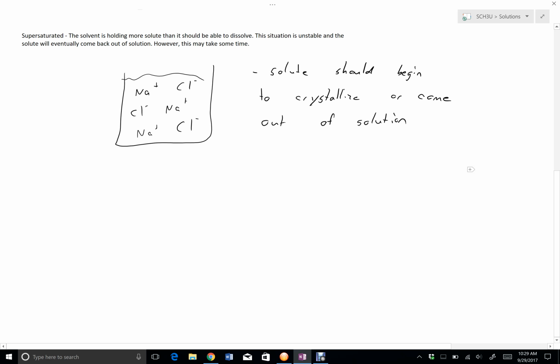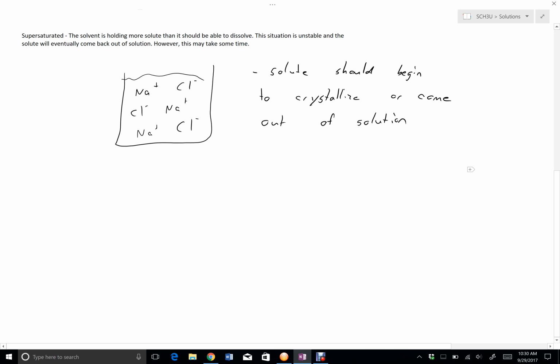This isn't always as easy or as quick as it might sound or what might make sense to you. Because these ions are all dissolved and they're floating about in random directions within this liquid, liquids can actually stay in a supersaturated state for quite some period of time.